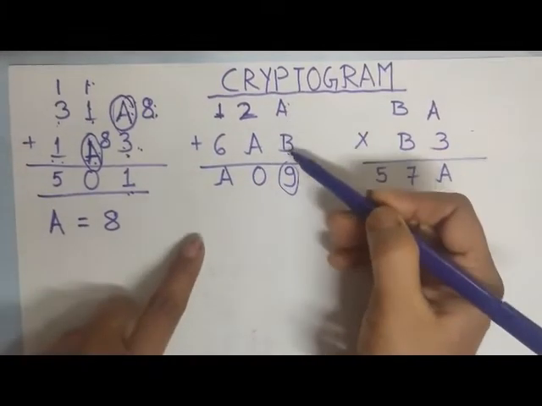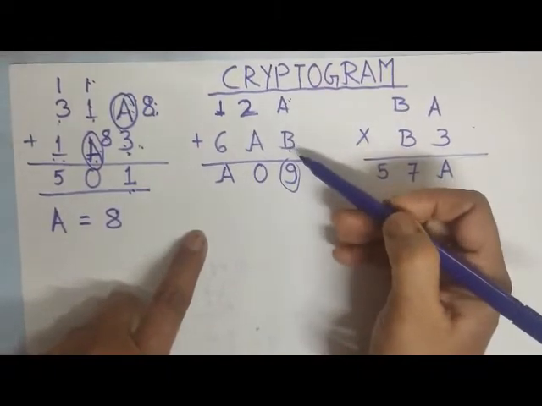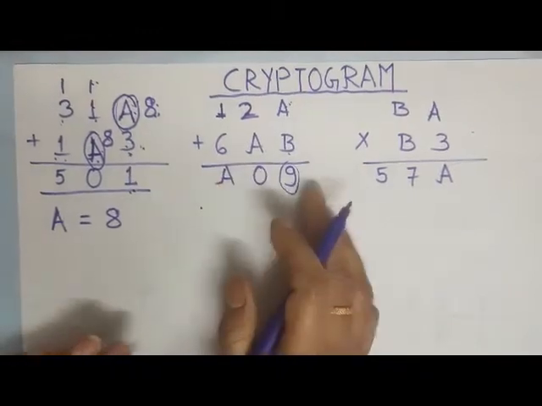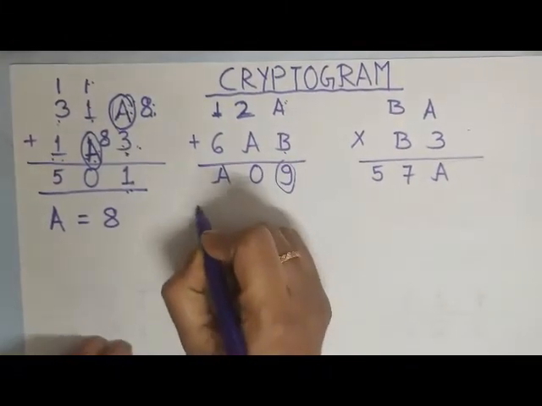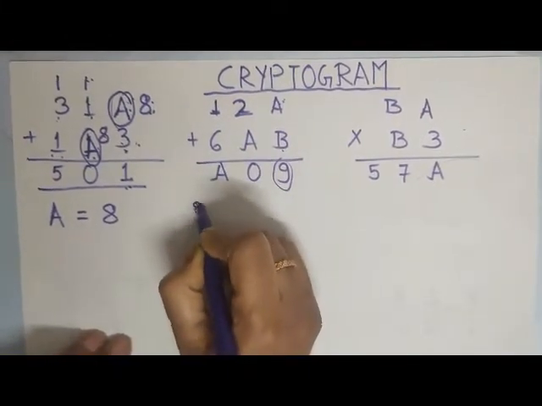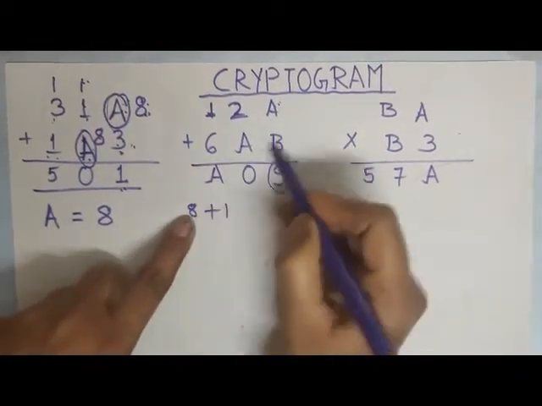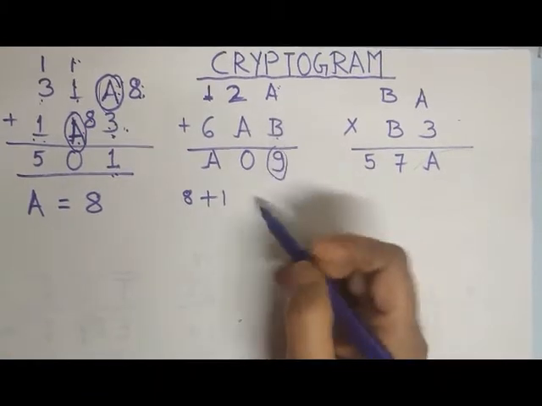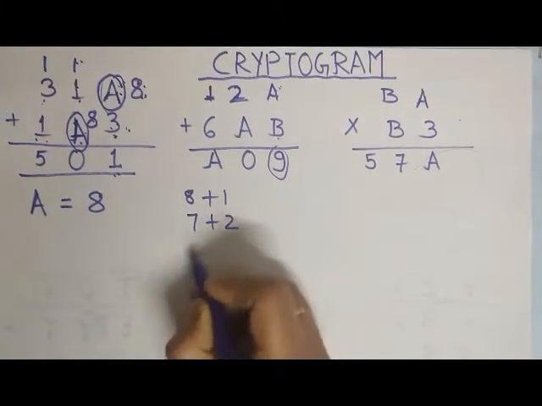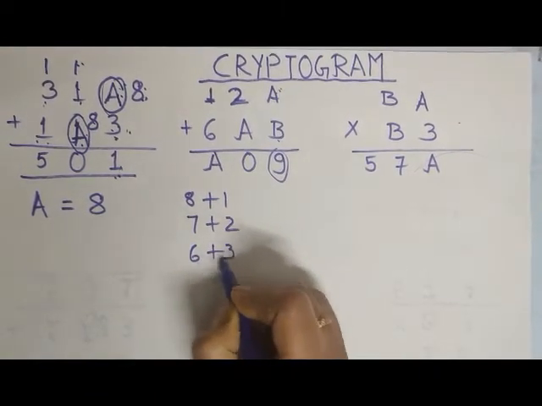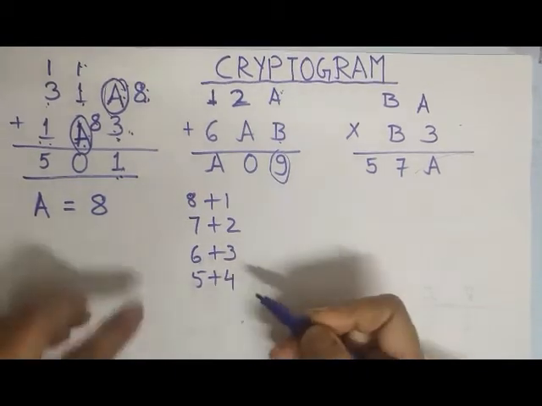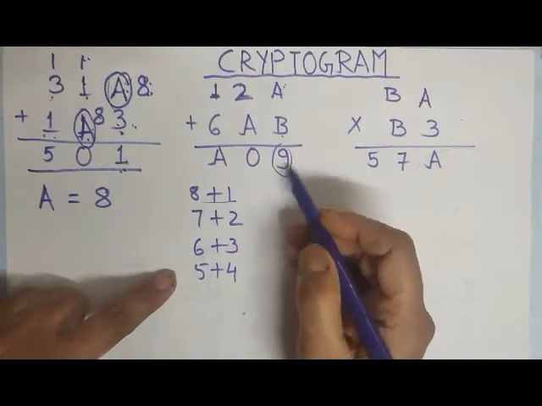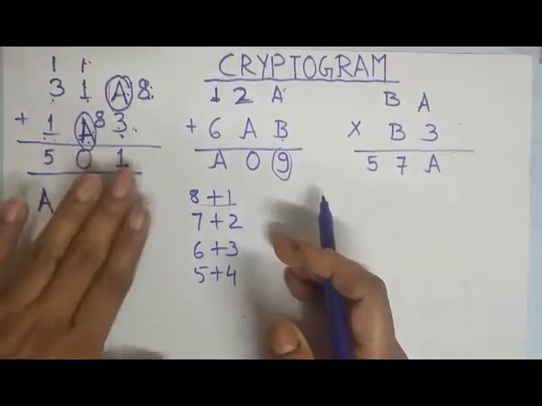We will guess A and B such that their sum is 9. We can start from 8 plus 1, that is A is 8, B is 1. We have other pairs also, like 7 plus 2, 6 plus 3, 5 plus 4. We have to see which combination gives the appropriate sum for the further steps also.